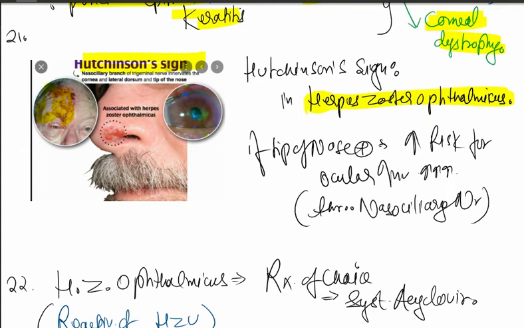But if it involves the tip of the nose, then there is a very high risk of ocular involvement through the nasociliary nerve. If this sign is present, then this is Hutchinson sign. So we see here again geographical or dendritic ulcer.